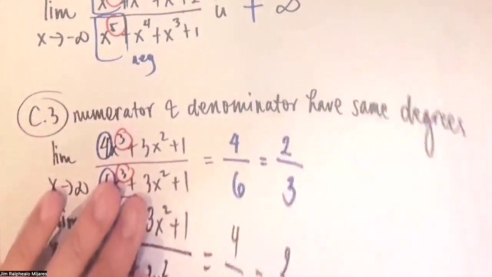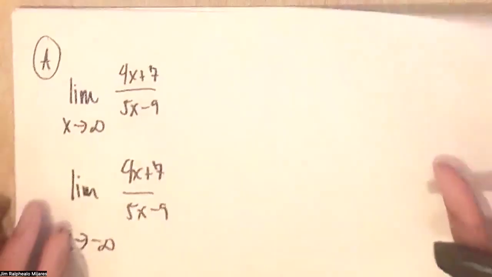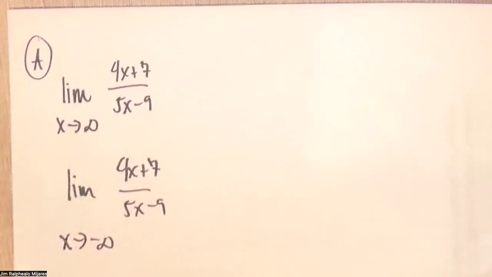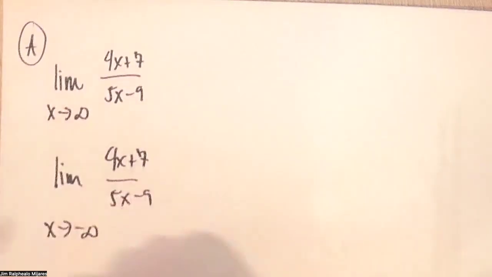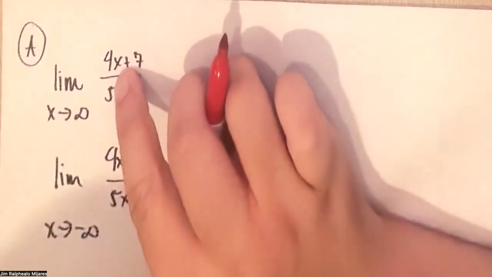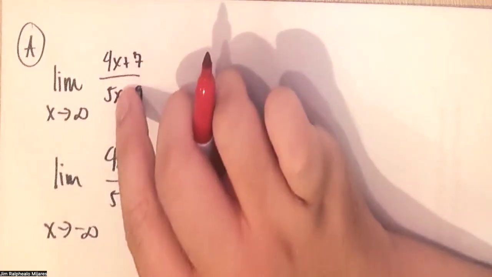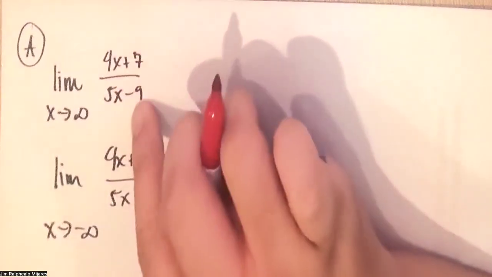All right? So let's try some problems here. Let's try this. We're trying to find the limit as x approaches infinity of 4x plus 7 over 5x minus 9. Okay? Now, notice that they're both linear. The exponents of x are the same. This is 1, this is 1.